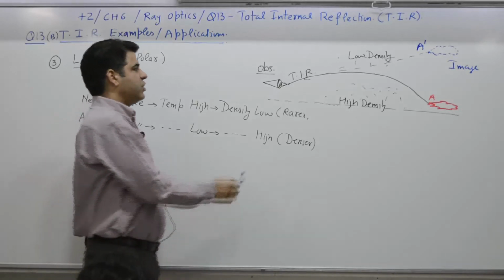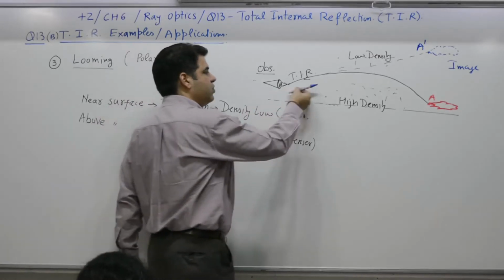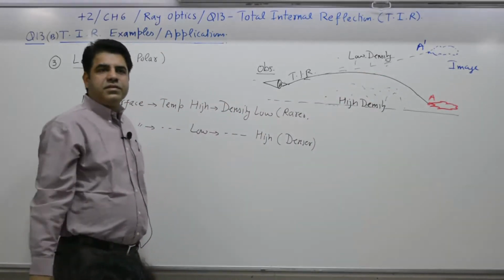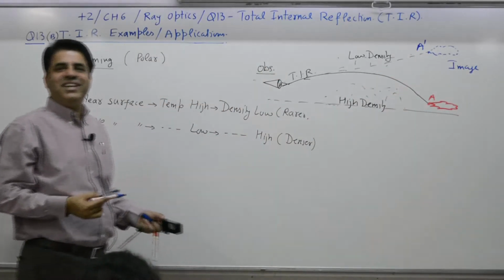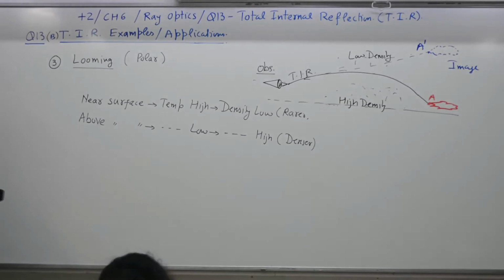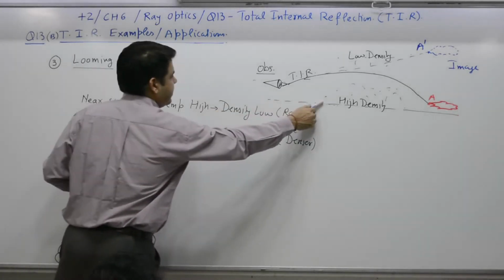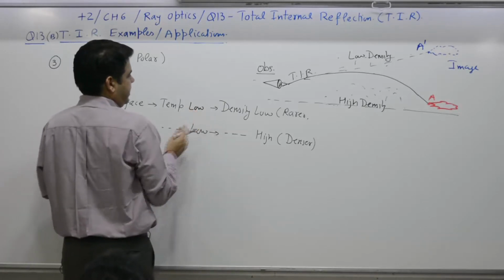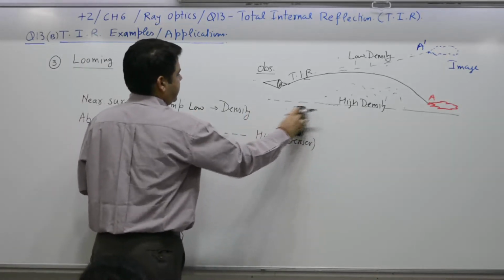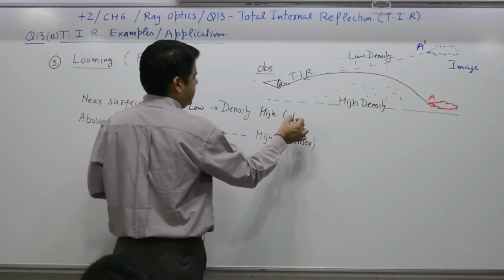That is why it becomes very complex for the pilot at the time of landing and take off, because you will have to pass through some image and sometimes it is a real plane. That is where the issue is. Near the surface, temperature is low, density is high, medium is denser.